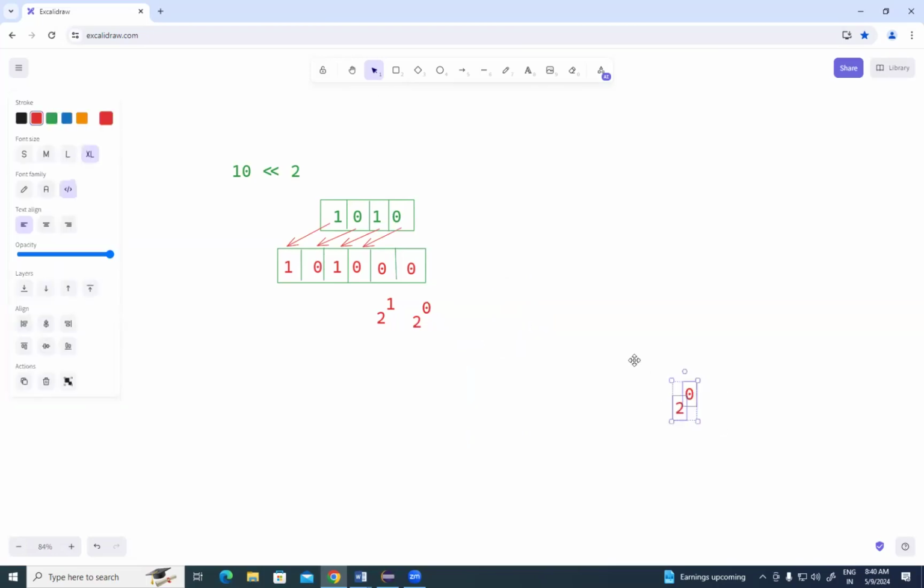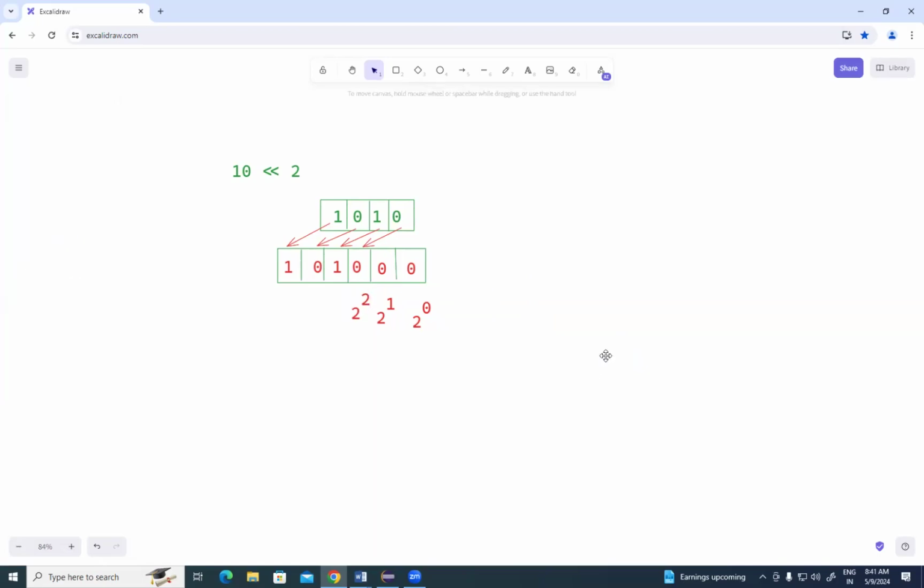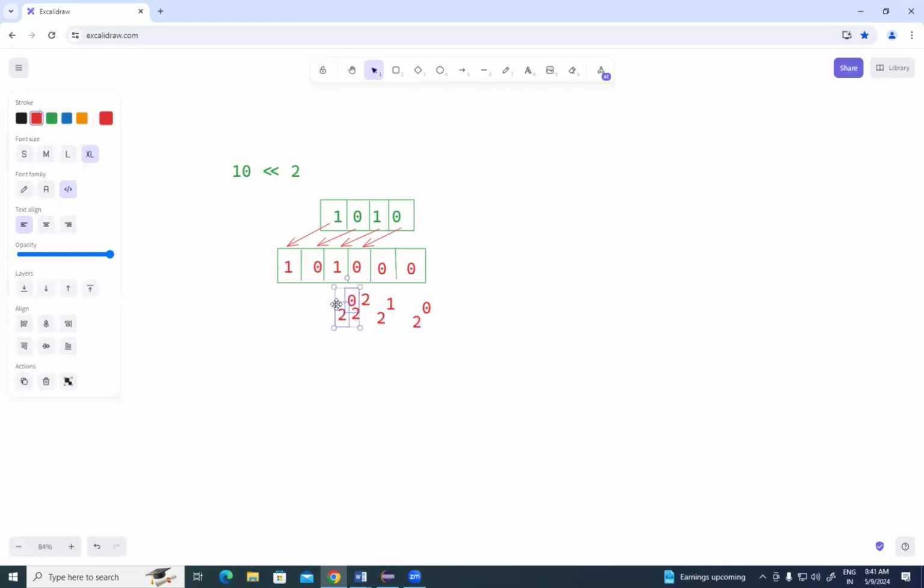Folks, tell me, this is called 2 power 2. This is 2 power 3. This is 2 power 4.